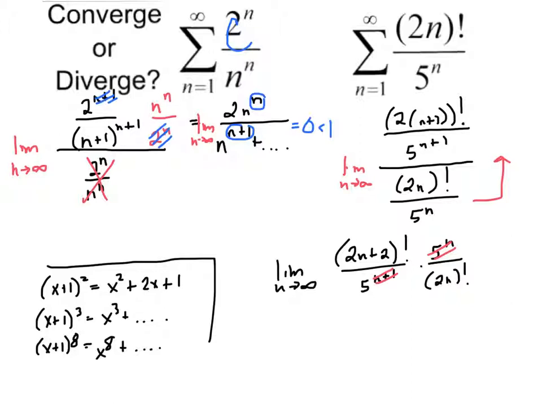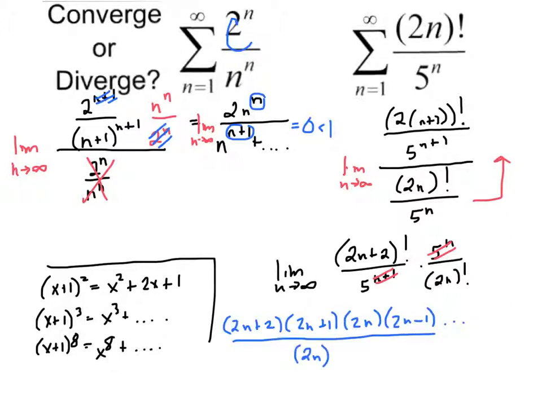Now, here, this 2n factorial and 2n plus 2, there's going to be a cancellation. I want you to think about if you actually wrote 2n plus 2 factorial out, you'd have 2n plus 2, plus the number right below it, plus the number below that, and so on. And on the bottom you have 2n factorial. Well, that's 2n, and the number below it and the number below it, and so on.